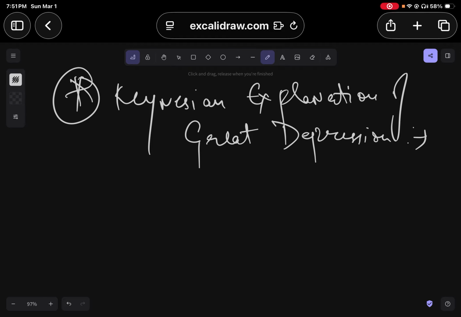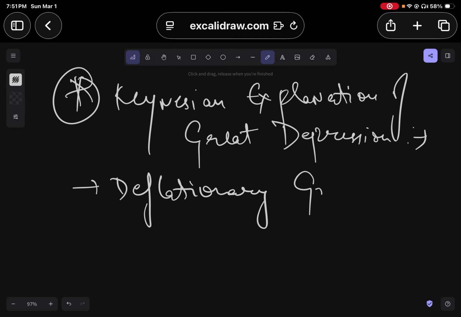So Keynes provided the concept of deflationary gap to show that equilibrium can take place before full employment due to lack of sufficient aggregate demand in the economy.